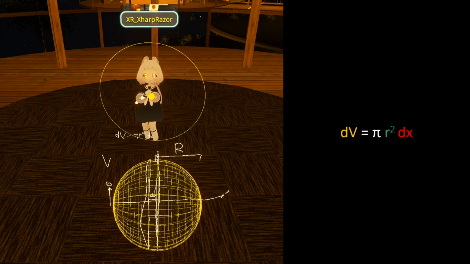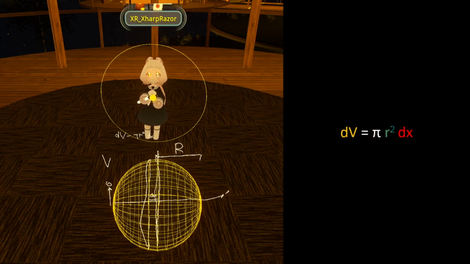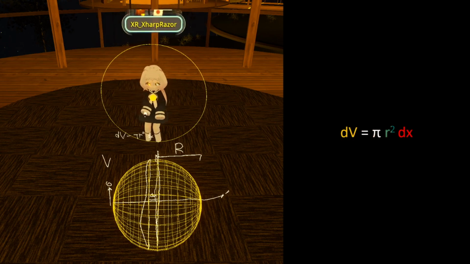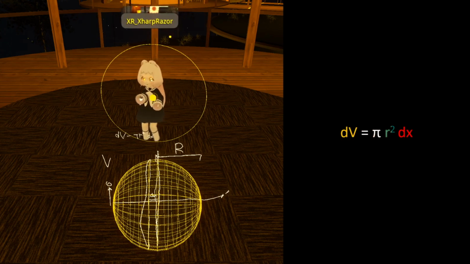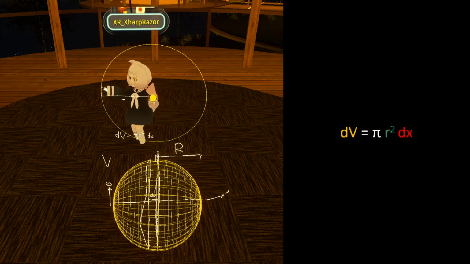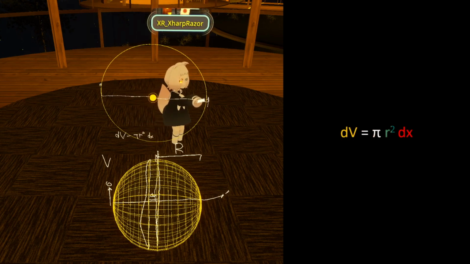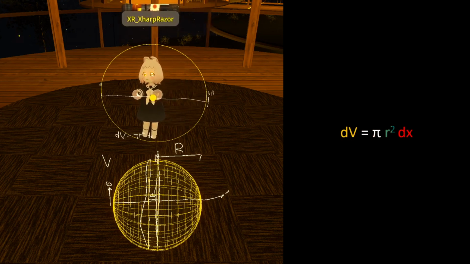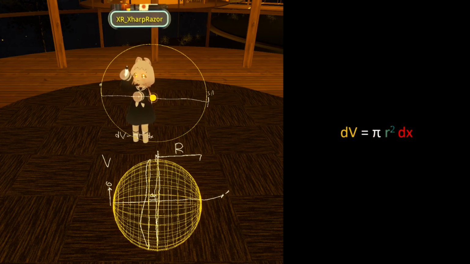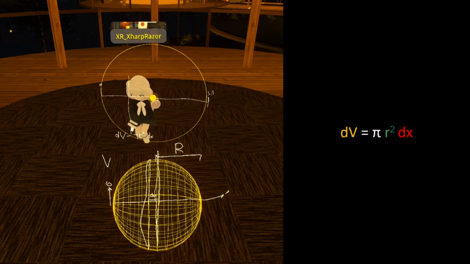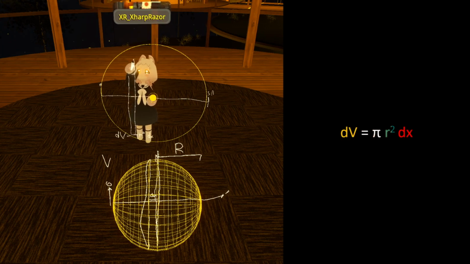So now, let's just say this is the cross section of our sphere. Here is when x is 0. And then over here is when x is 2r. And then let's just say this slice over here is the dV we want in this case.